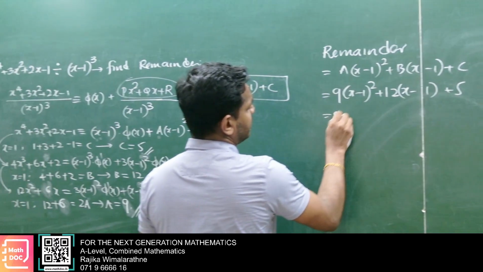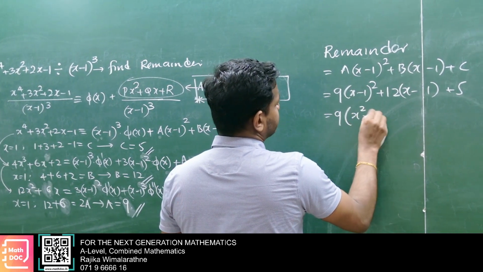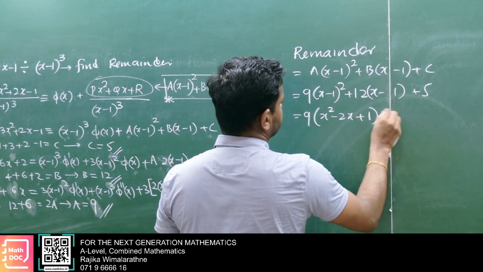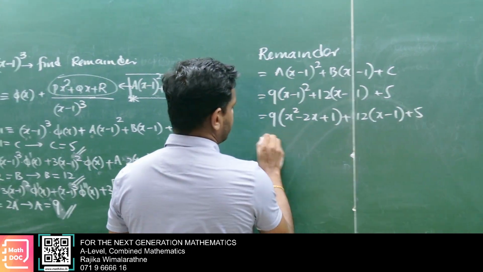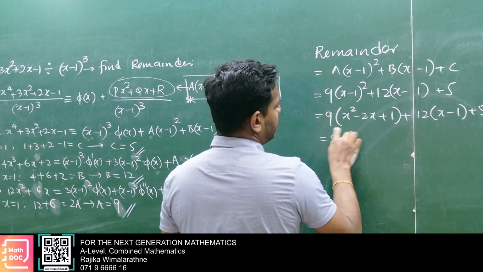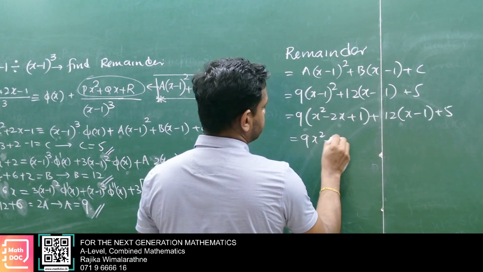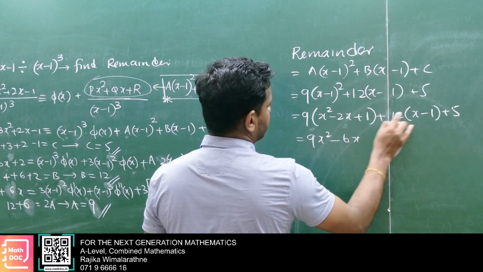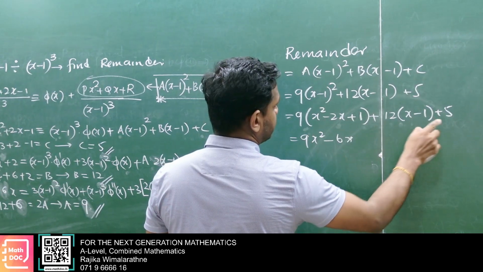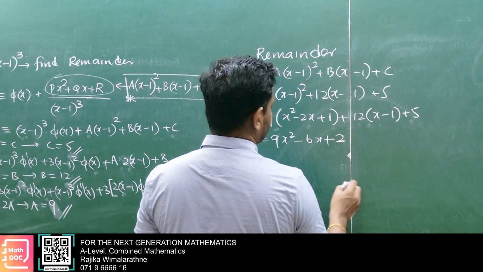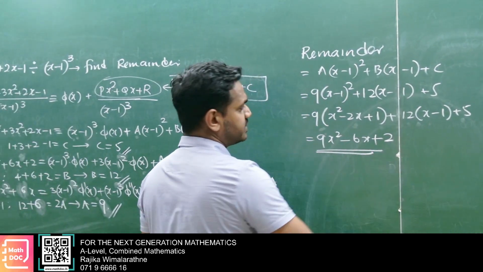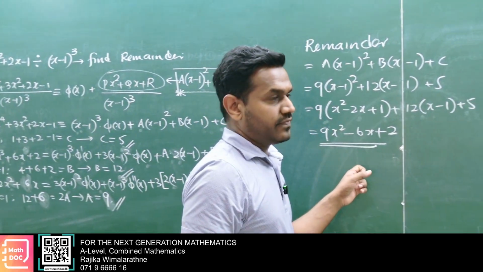You can expand: x squared minus 2x plus 1, 12(x minus 1) plus 5. That gives 9x squared minus 18x plus 9 plus 12x minus 12 plus 5. So 9x squared minus 6x plus 2 is the remainder.